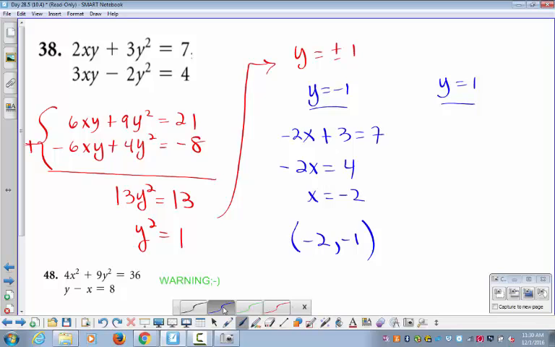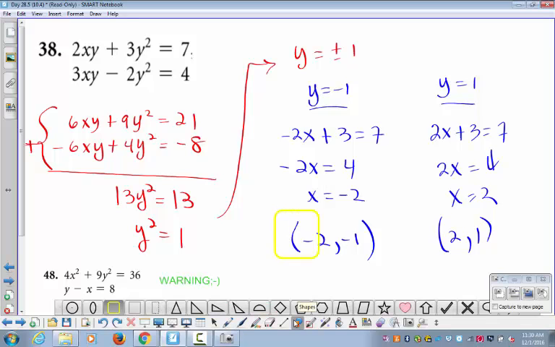We end up with -2, -1 as our ordered pair. Plugging in +1 for the same equation, we'll get 2x plus 3 equals 7. So 2x will equal 4, x will equal 2. Our ordered pair is 2, 1. So those are our two ordered pairs, our two solutions.